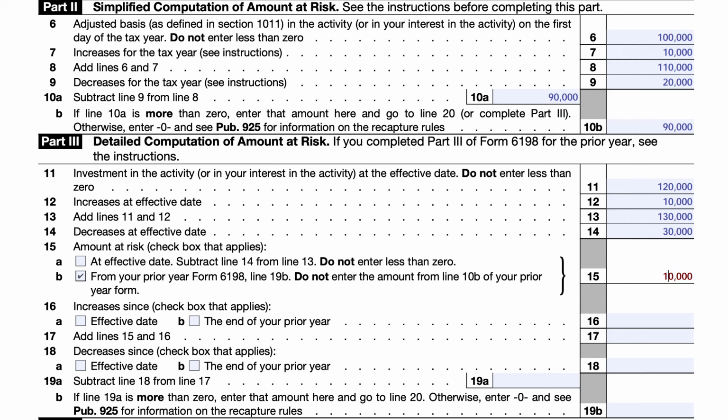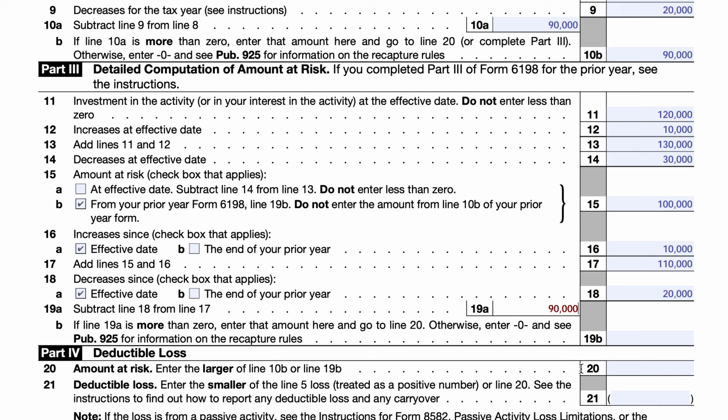So now we start at our basis that was basically the same thing here. And then let's just say that at the end of the prior year or the effective date, whichever one applies to your situation, we have $10,000 of increases. We would add these up. And then we have decreases since that time frame. And that gets us to $90,000.